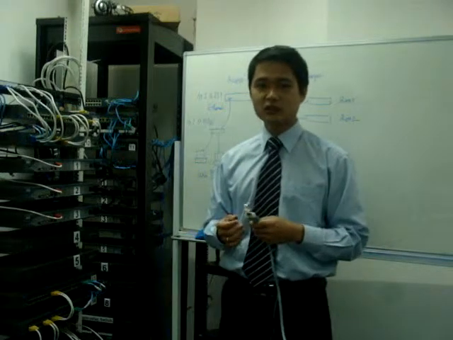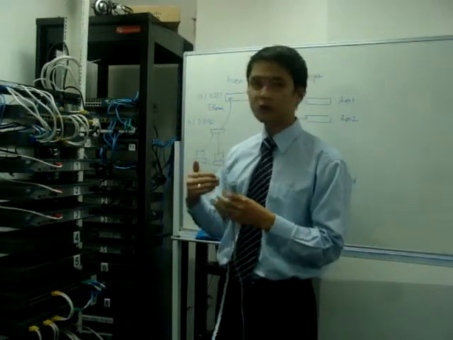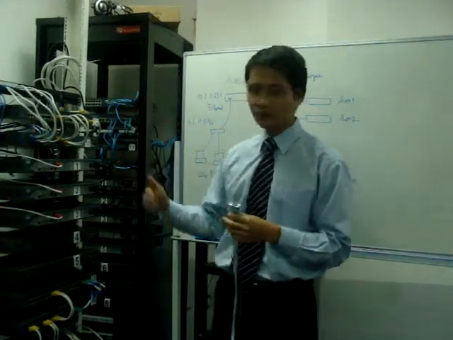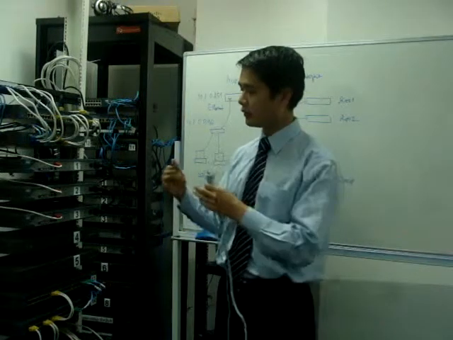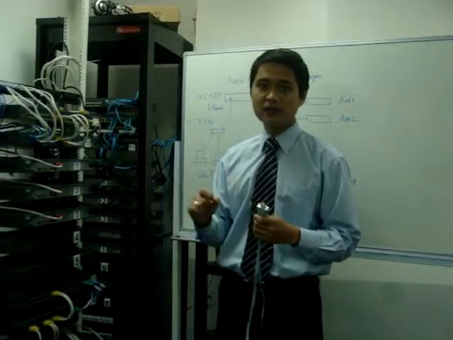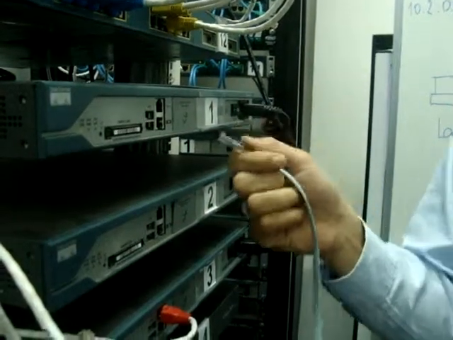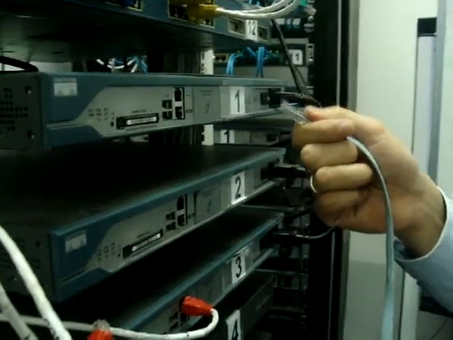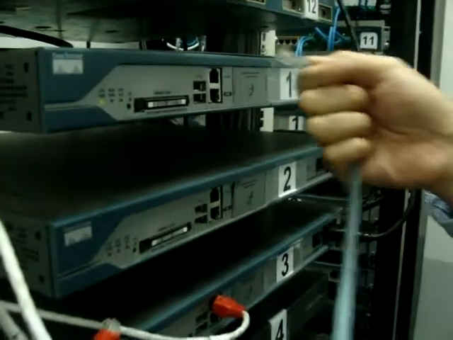Well, this connection is very simple, and it is a direct connection, so the data sent from the router to the PC is fast. One of the disadvantages of the console connection is this.